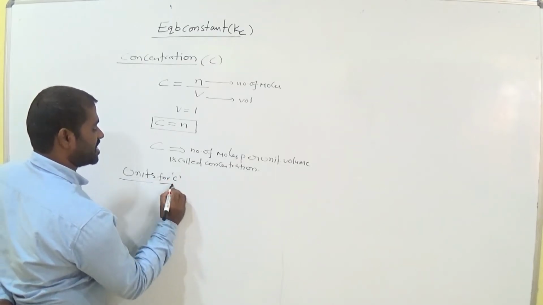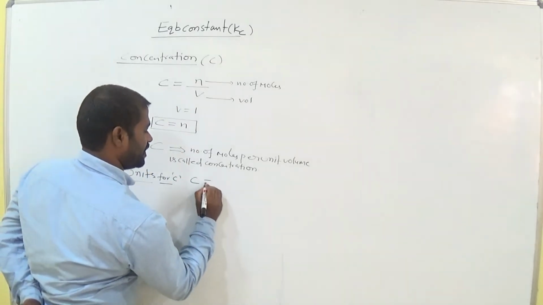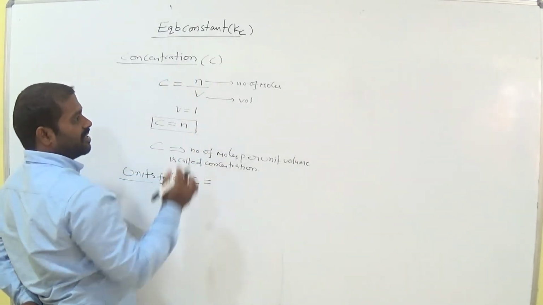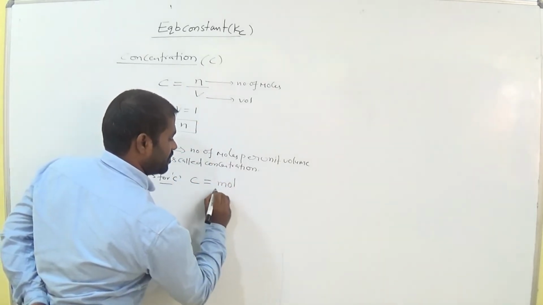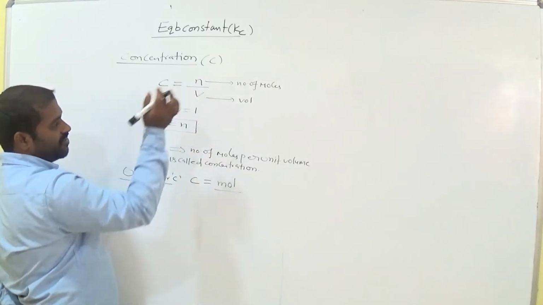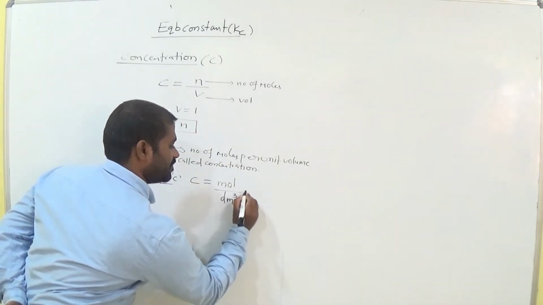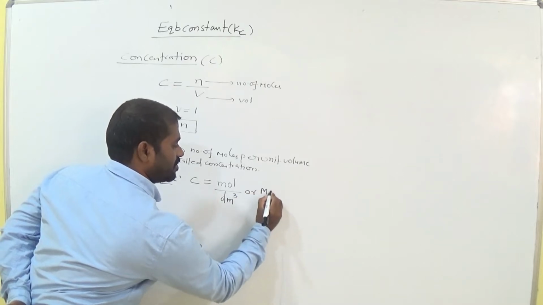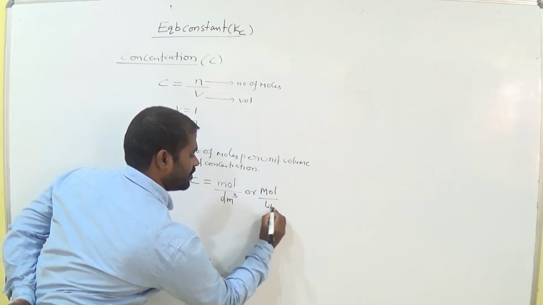Now units for concentration C. For the number of moles, we can write mole, by volume, decimeter cube, or mole per liter.